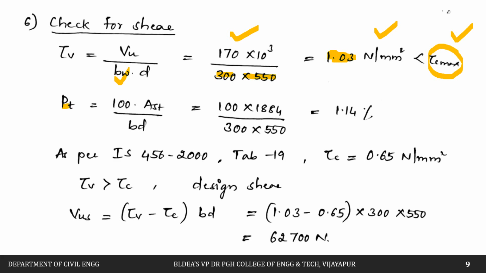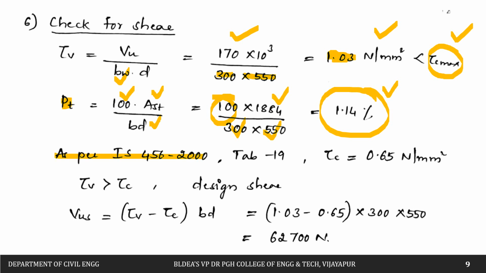We will calculate the percentage of steel, that is Ast by bd multiplied by 100. Ast provided is 1884 divided by b, which is 300, d is 550, multiplied by 100. Therefore we get the answer as 1.14 percent. Then next we calculate tau c as per IS 456 2000, Table number 19.